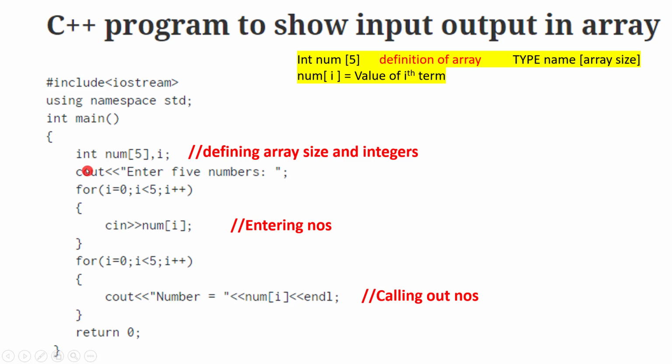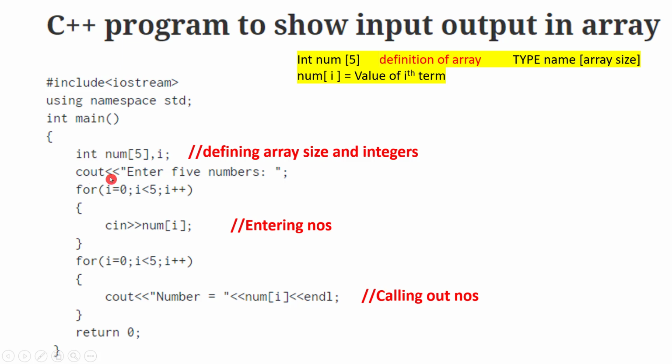So we'll be taking integers. The array name is number, it's of size 5, and you have another variable called i. I'll tell you why this i is used. Okay.